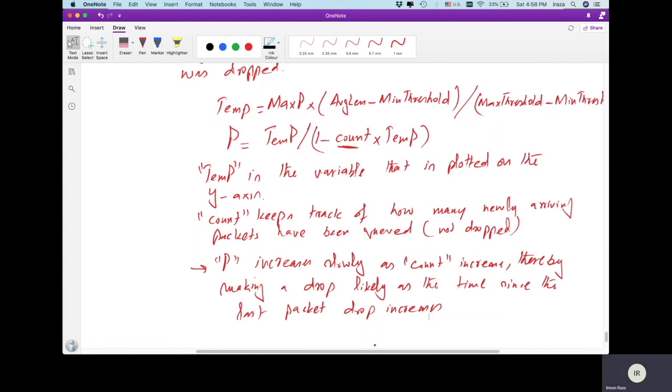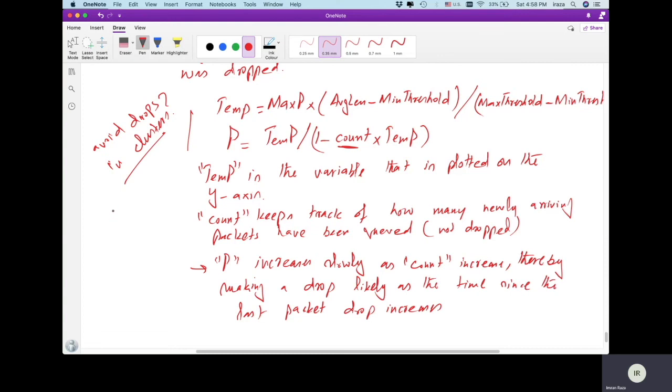So the extra step in calculating this P is to avoid drops in clusters, right? So why do we want to avoid these drops in clusters?